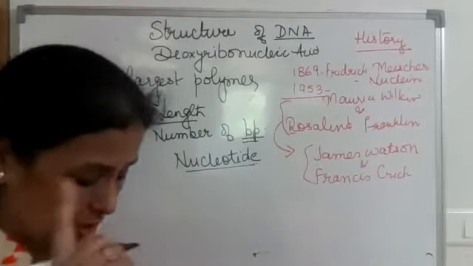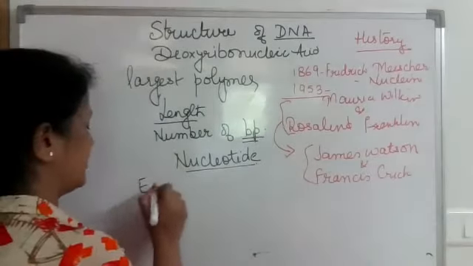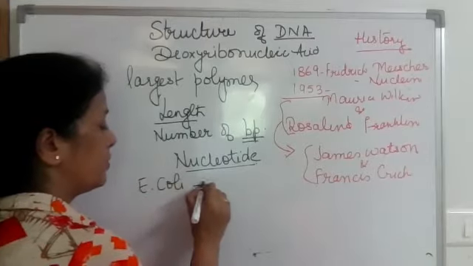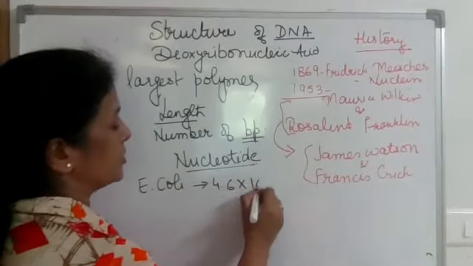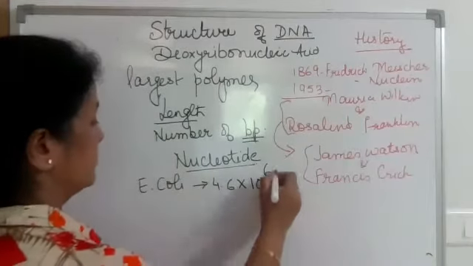As far as prokaryotes are concerned, in E. coli, the number of base pairs is 4.6 into 10 raised to the power 6.